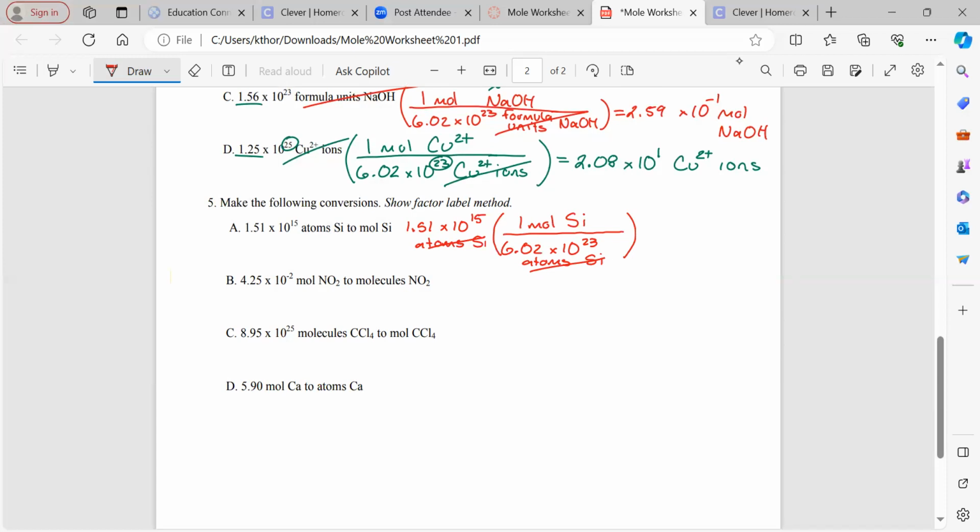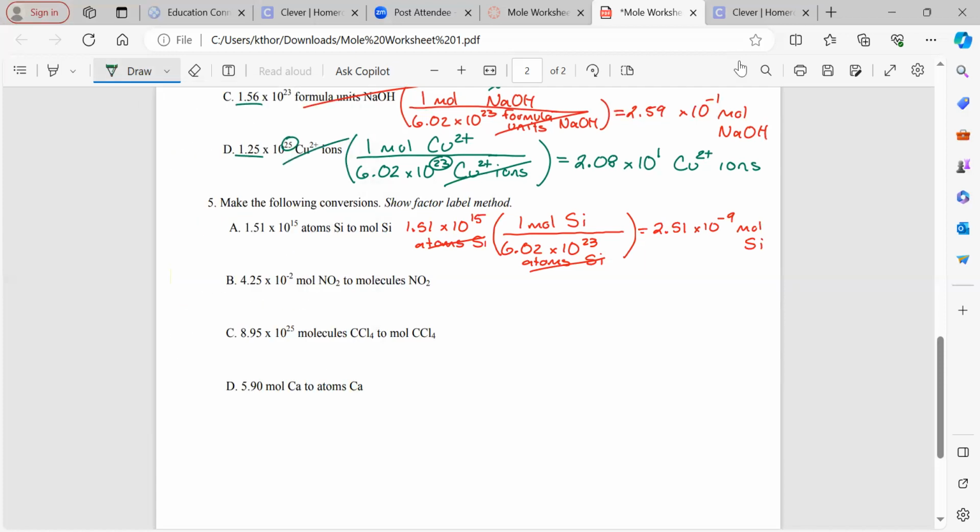My raw answer is 0.251. 15 minus 23 is going to be times 10 to the negative 8 moles of silicone. However, we have to shift the decimal 1 to the right. So it's going to be 2.51 times 10 to the negative 9th moles of silicone. There's your answer for that.